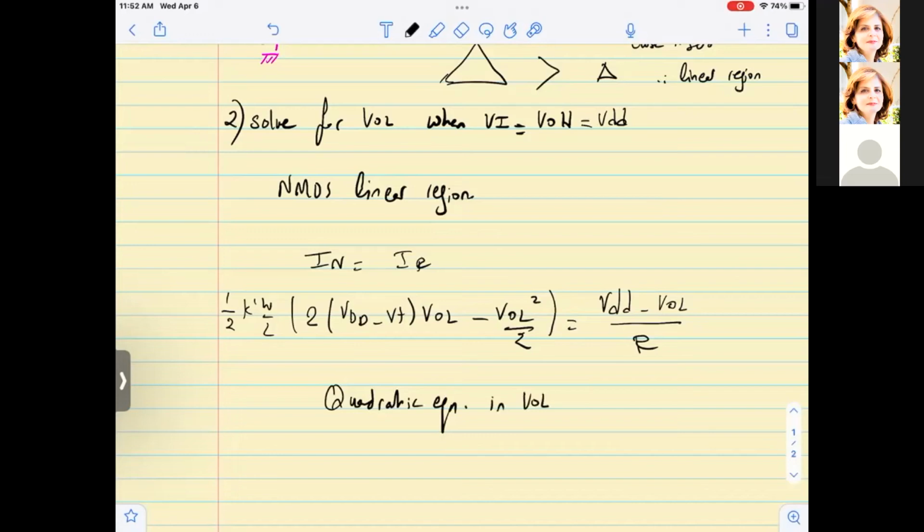Of course if we plug all the numbers we can reduce it to the form AX squared plus BX plus C.